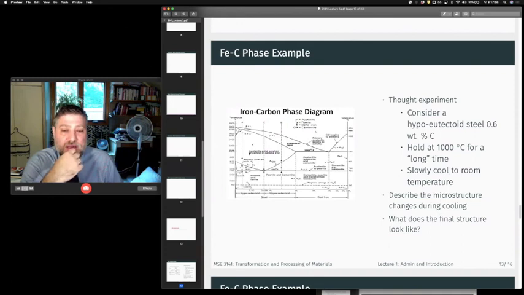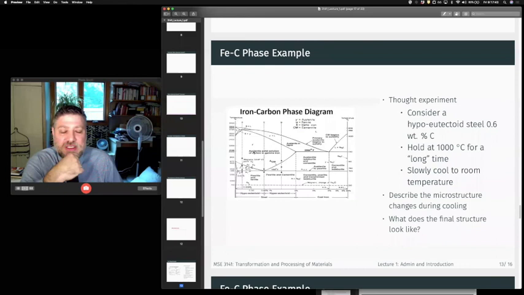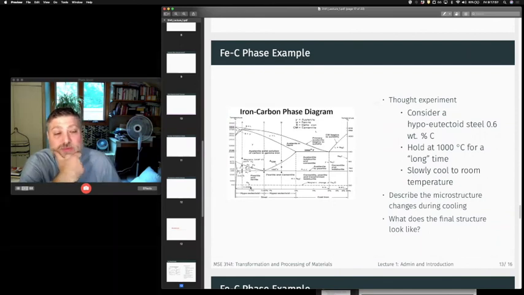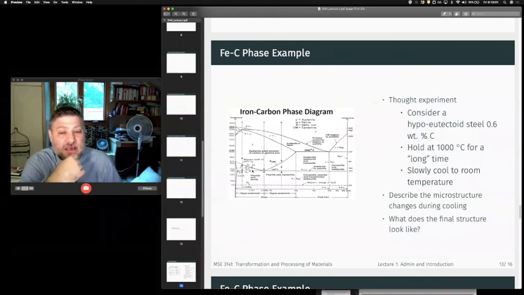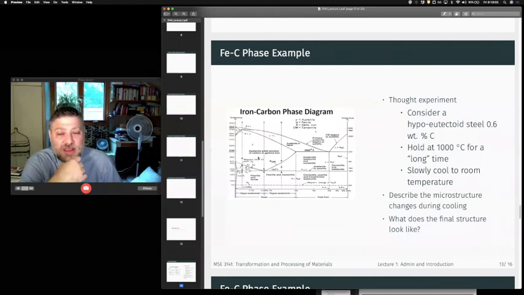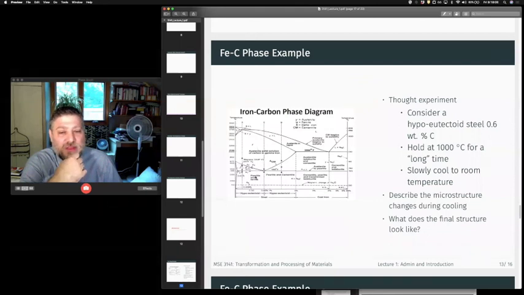So up here, from our previous knowledge of phase diagrams, we see we're completely in the austenite phase field here. And I'm going to slowly cool to room temperature, right? So as we do that, I need a volunteer, glutton for punishment, to walk me through what's going to happen as I slowly cool down from this austenite phase field.